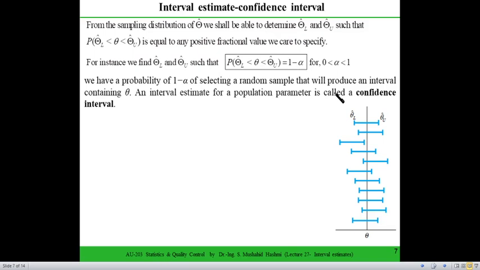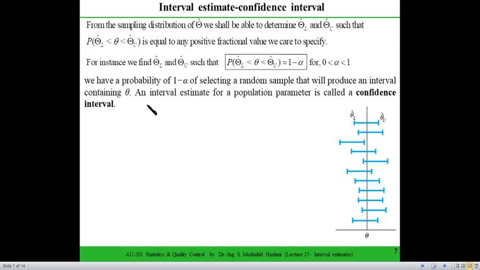So we have a probability that the true mean, or the population parameter, is going to lie in that interval, and that probability comes out to be 1 minus alpha. So if alpha is 0.05, then 1 minus alpha would be 0.95. So 95% is the probability that the true mean would be lying in that interval.